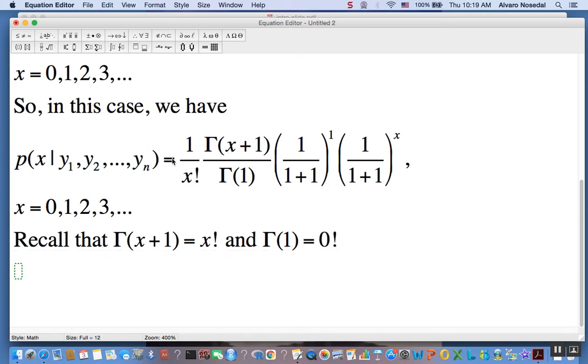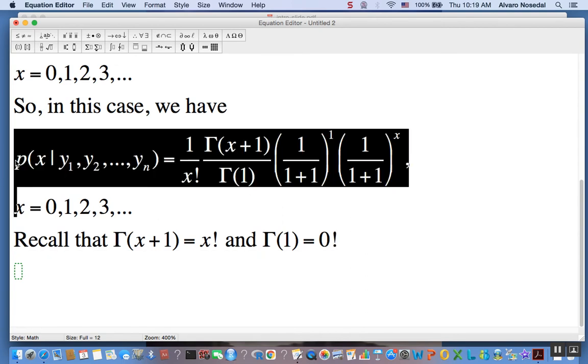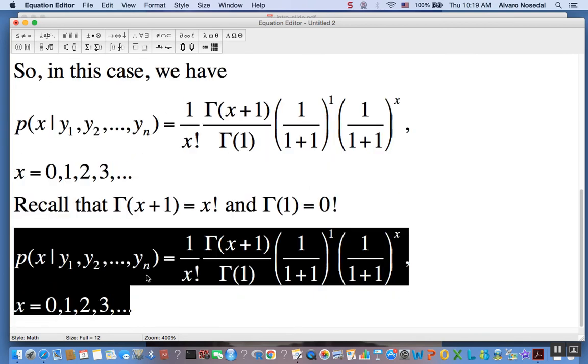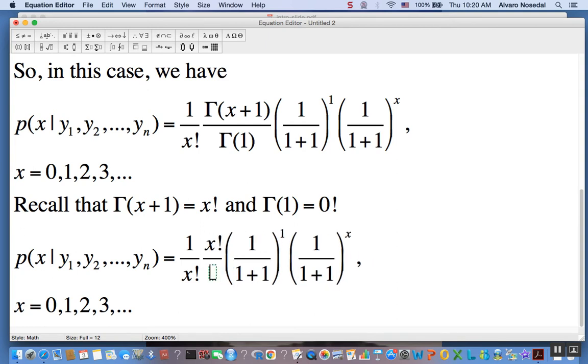So when we have that, let me simplify that expression again. You can see that the x factorial will cancel out. This is going to be just 1, because that's 0 factorial, right?